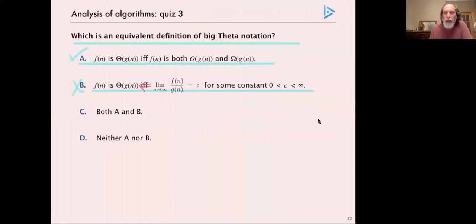If this limit is true, then f is big theta of g of n, and we'll prove that on the next slide. But why is the other direction not correct? Because the limits might not exist, right? It can be that this is true, but the limits don't exist because these are wonky functions. So it's not quite true. It's almost true.